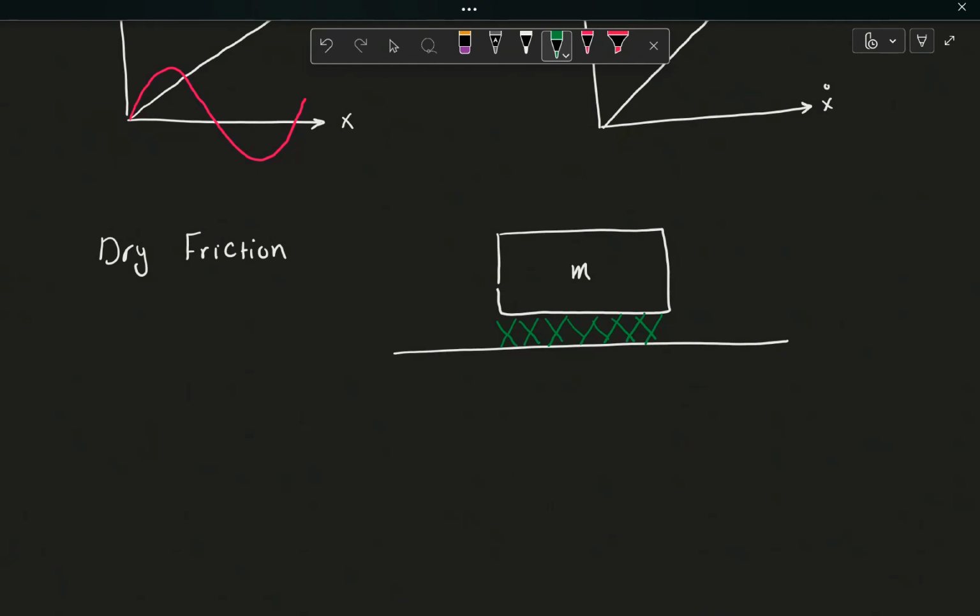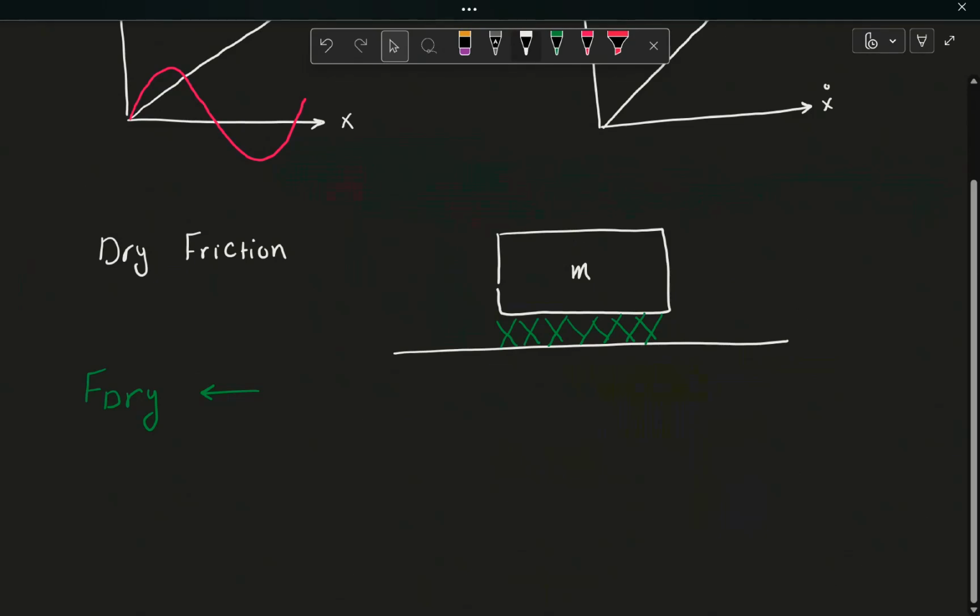When you want to model dry friction, there is something that we need to consider. The magnitude of the dry friction is constant, or at least we consider it as a constant, and we show it with F dry. And the direction of this force is always opposite to the direction of motion.